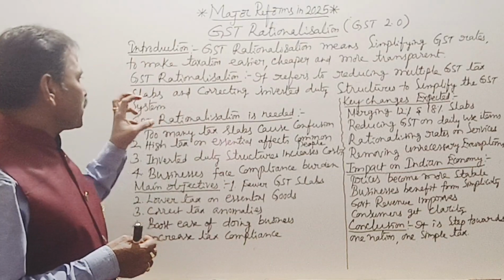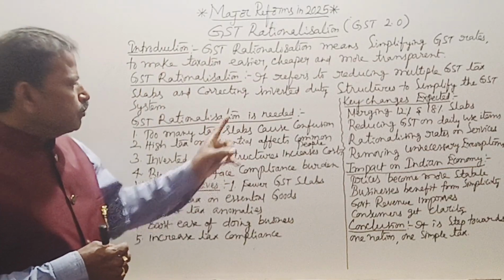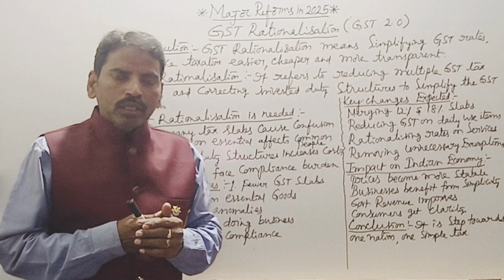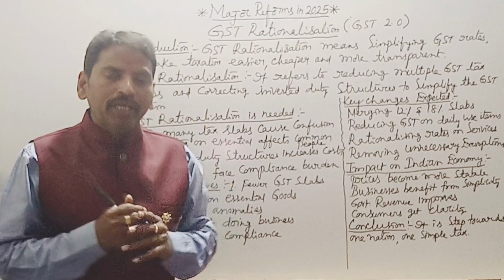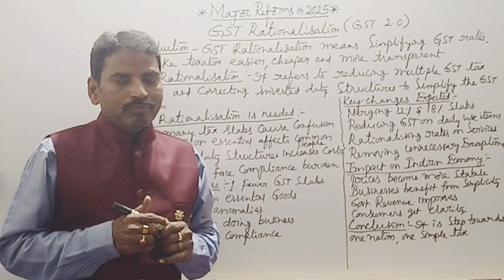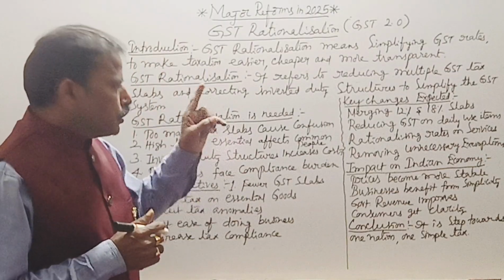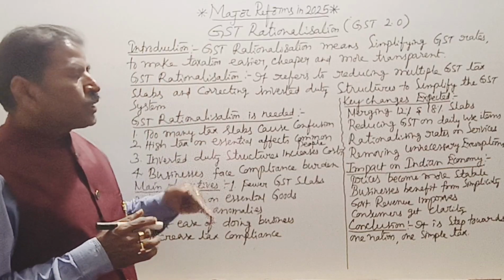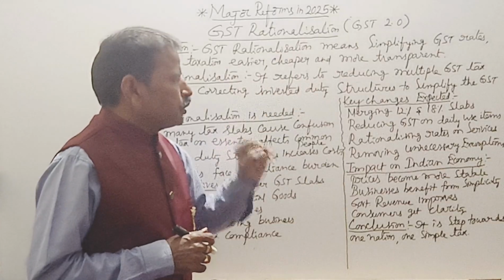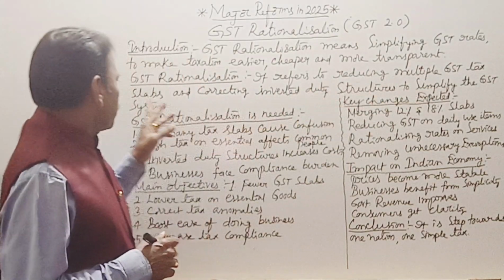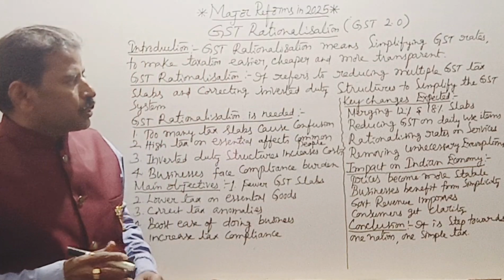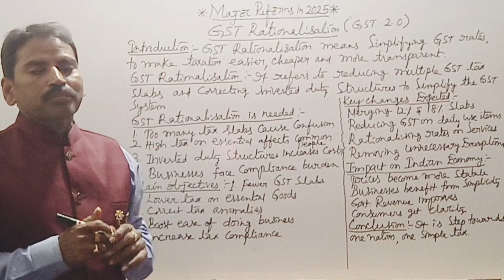Another one is the inverted duty structure. It means 18% tax on raw material and 12% on the final product. There is a mismatch. So in this regard, there is a need for GST rationalization. Right.